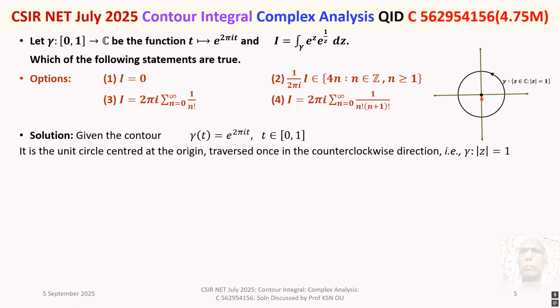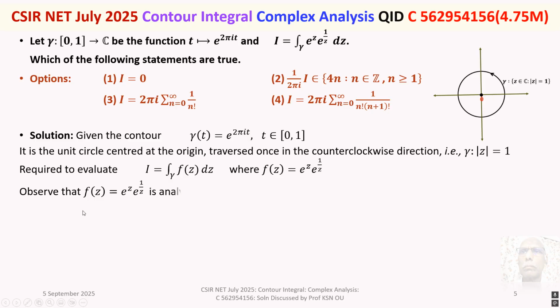Right. We are asked to evaluate the integral I equal to the integral taken round gamma of f of z dz, where f of z is the function e power z multiplied by e power 1 by z.